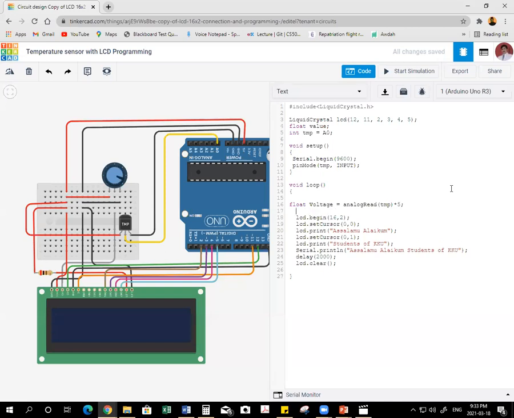Next, again voltage I am setting divided by, equal to 1024. Okay, I will explain that part. Again I will take a float variable called temperature.